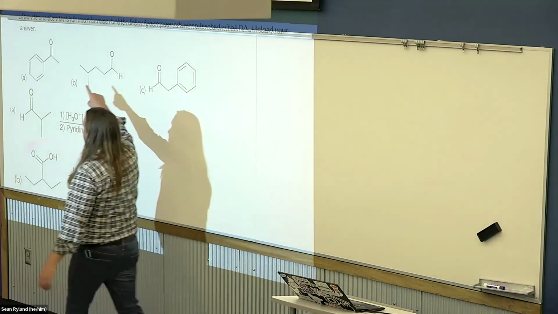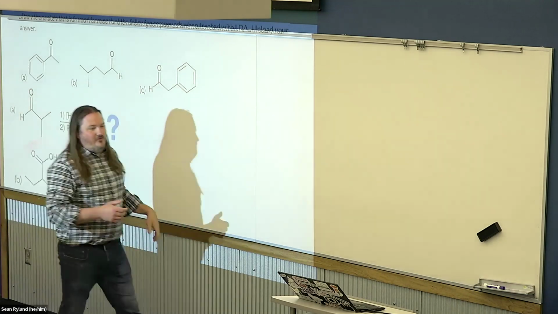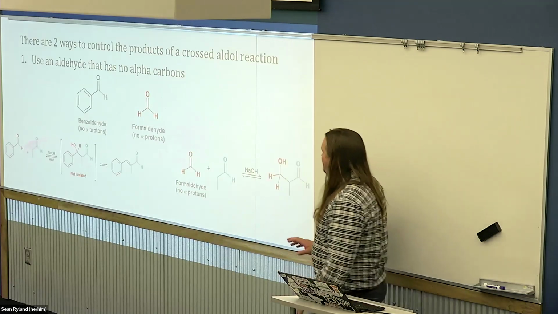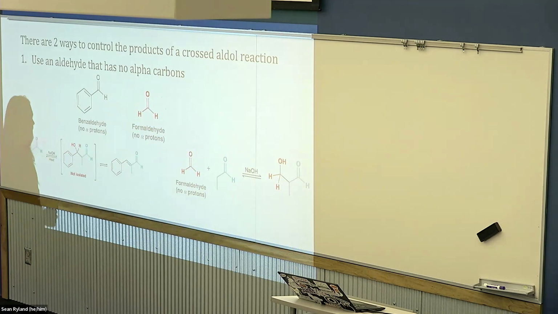Each of these only made one enolate, right? Why? Because they only had one alpha carbon with the hydrogen. So if you use an aldehyde that has no alpha carbons, and an aldehyde that does, then you know which one's going to be your enolate.